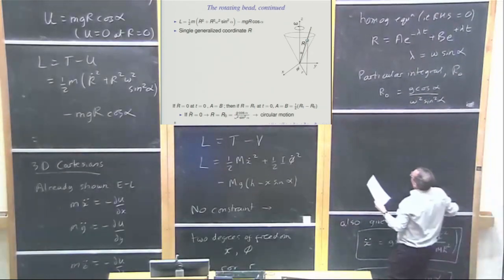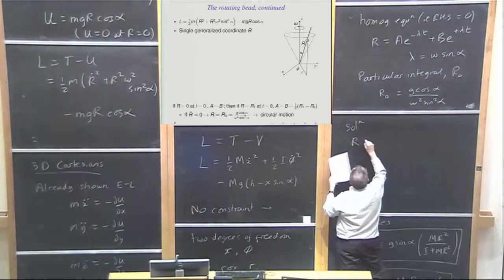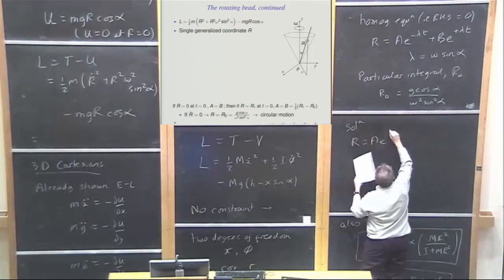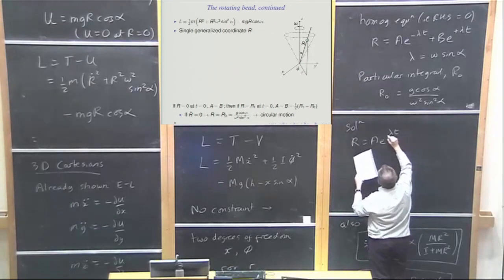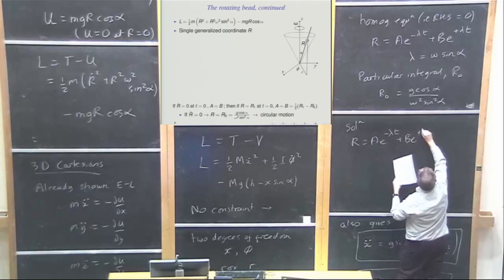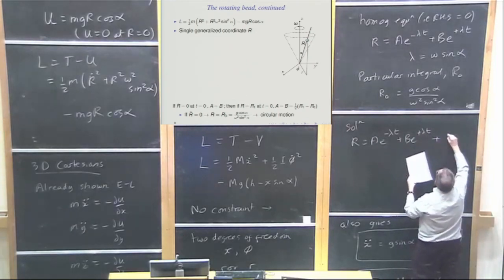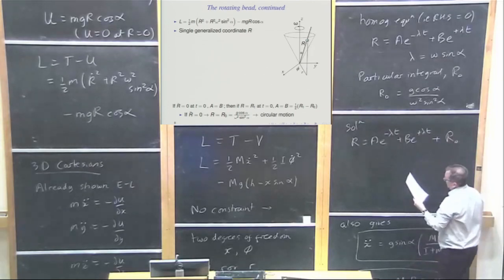So the total solution is these added together: r equals A e to the minus lambda t plus B e to the plus lambda t plus r naught.